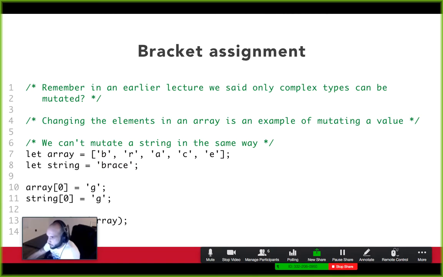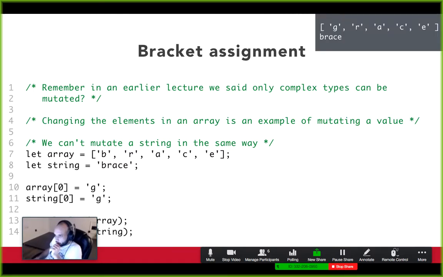However, arrays and objects are what we call complex. And what that means is they are able to be changed, which means once I create it, I can actually edit it if I want to. So on line 7, we have an array of 5 elements. Each element is a letter, and the 5 elements spell BRACE. And then we create a string called brace as well. Notice how on line 10, I'm trying to replace the first element of the array with a G, and I try to replace the first character in the string with G as well.